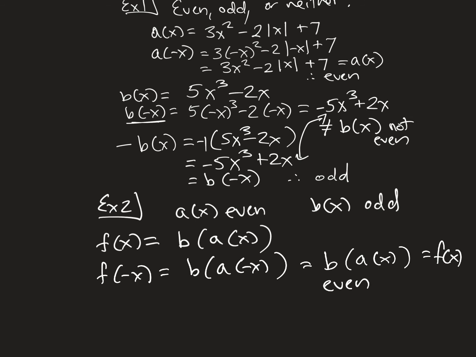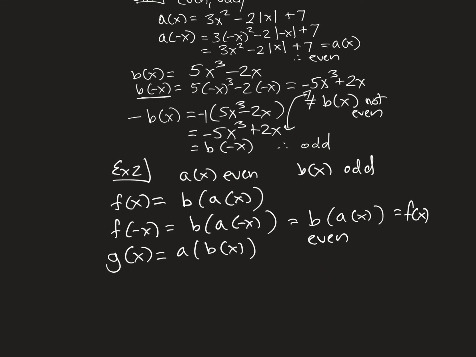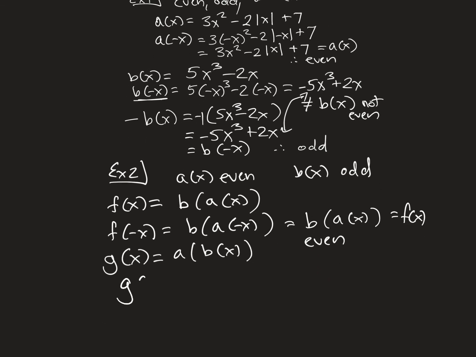Let's do this though. What about if I asked you to find even, odd, or neither, g of x equals a of b of x? Okay, so again, plug in negative x, and I'm going to have a of b of negative x, and b is odd, so b of negative x equals negative b of x.